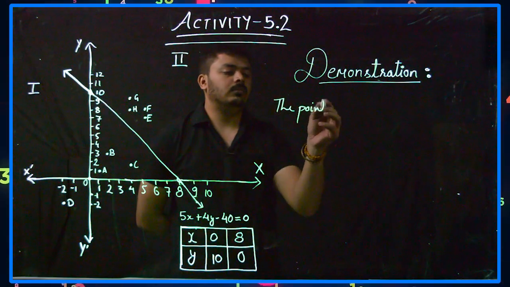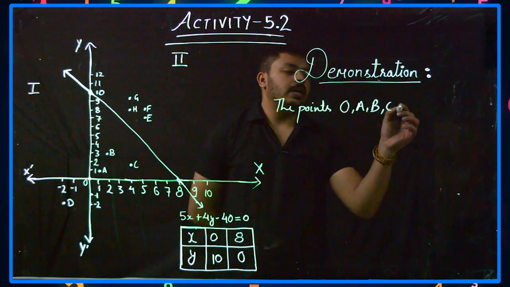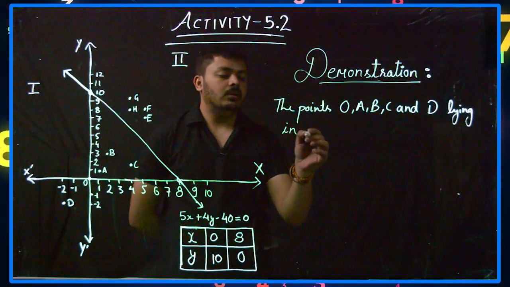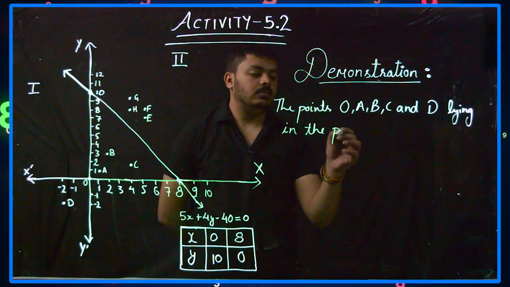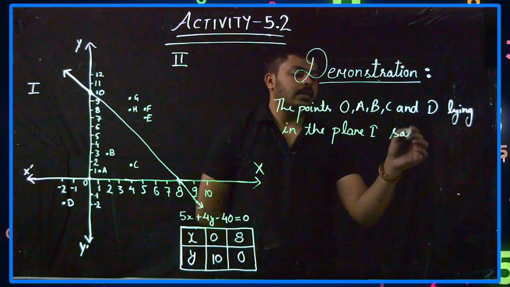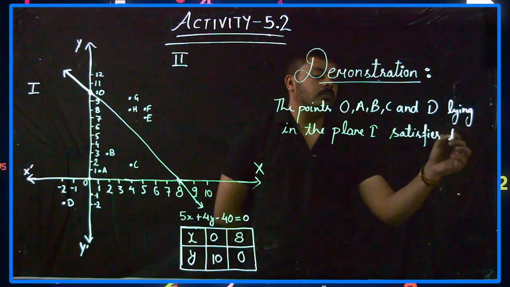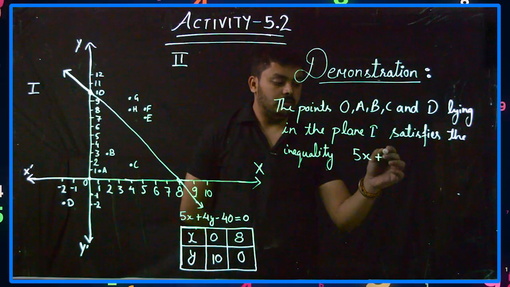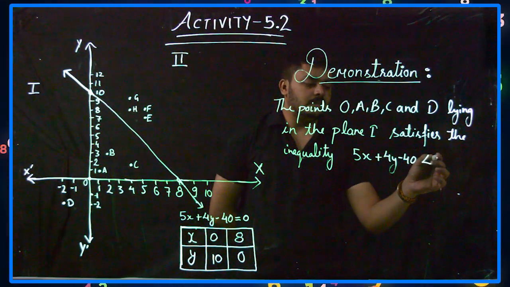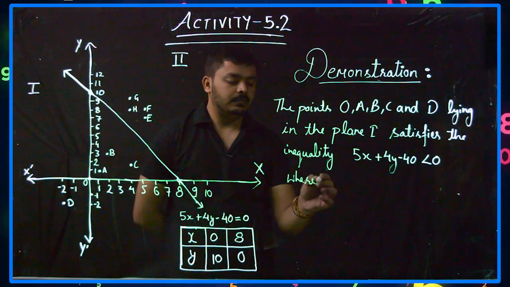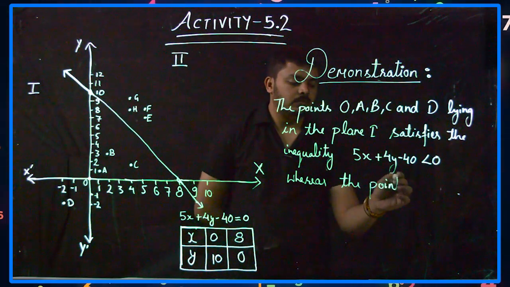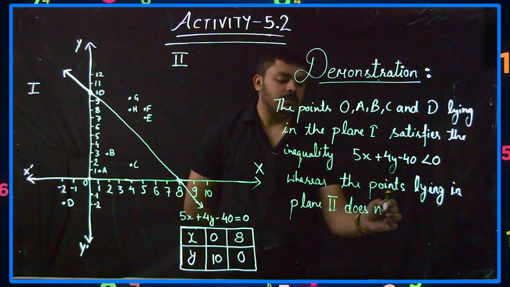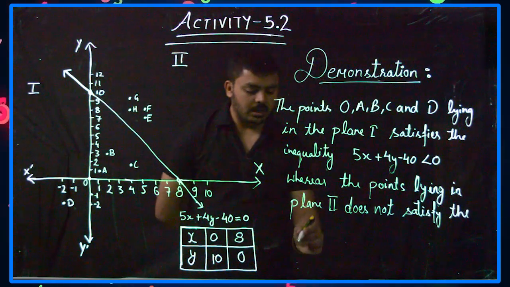The points O, A, B, C and D lying in the first plane, or plane 1, satisfy the inequality 5x + 4y - 40 < 0, whereas the points lying in plane 2 do not satisfy the linear inequality.